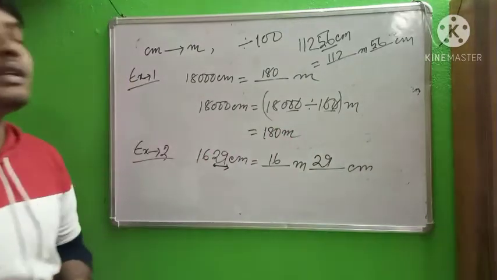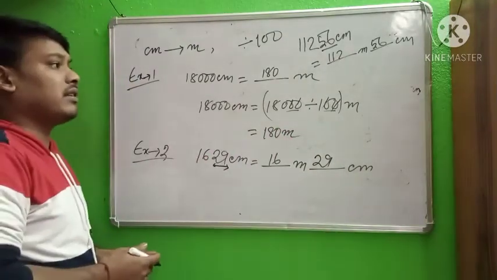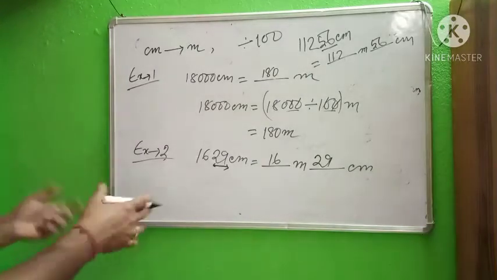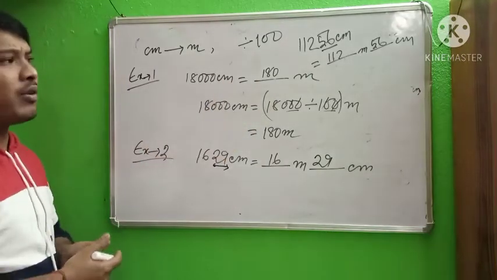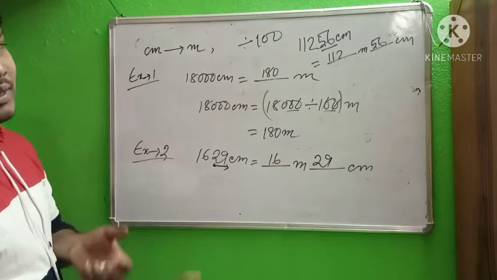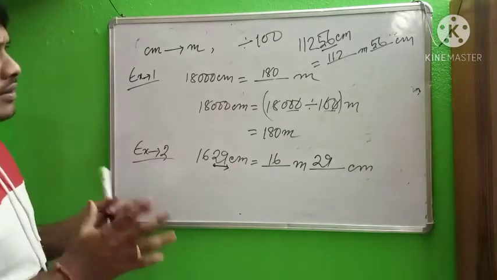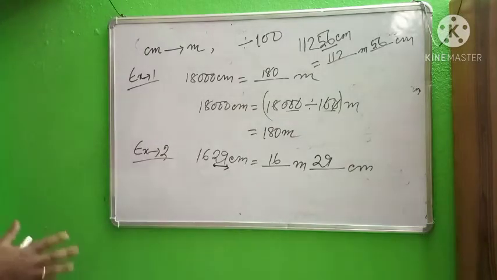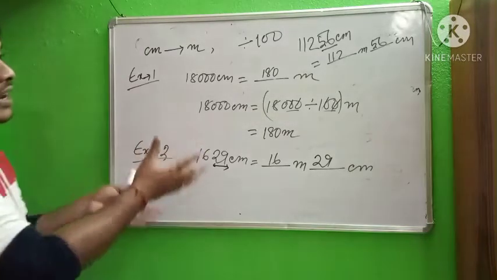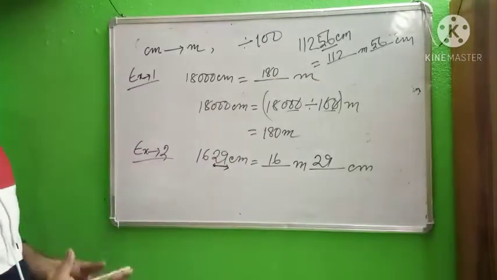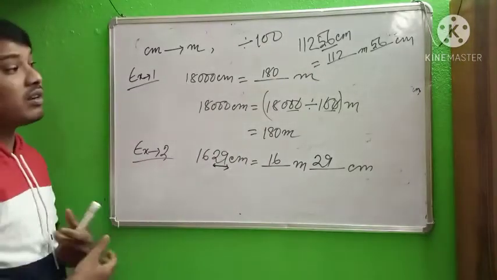So 112 meter 56 centimeter. But as I told, in lower class no need to convert directly. When you are in class 4 you can convert directly, no problem. But if you convert directly, then your concept and base may not be stronger.